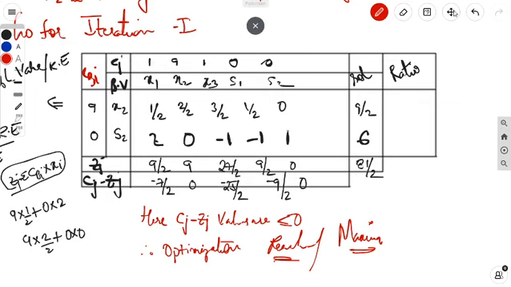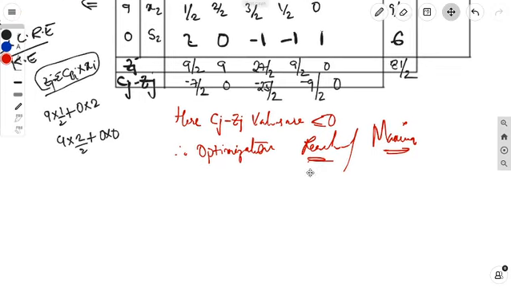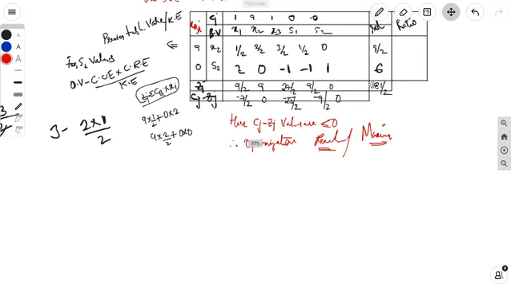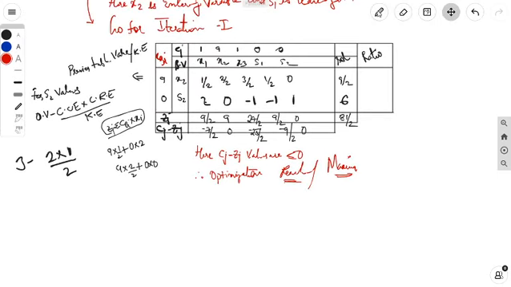So from the above table, what is happening over here? As there is no value of x1 over here, look at over here, these are nothing but solution values. So x2 is equal to 9 by 2.